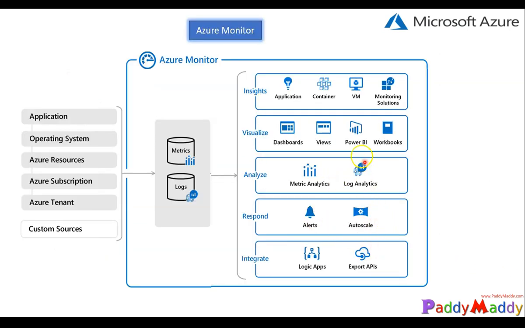Log Analytics is a tool that lets you write queries to analyze all of your log data and interactively work with the results, and add metrics in the form of graphics and output from your log queries to your Azure dashboard.